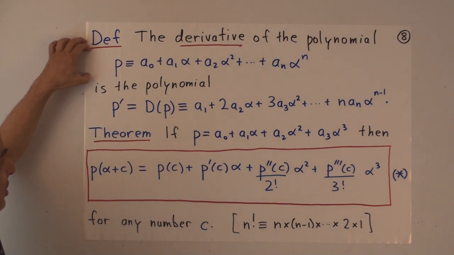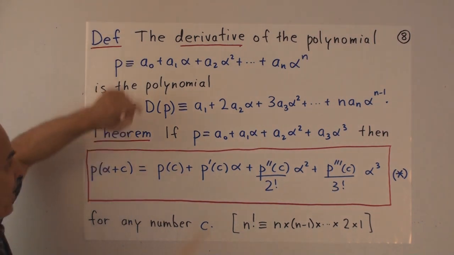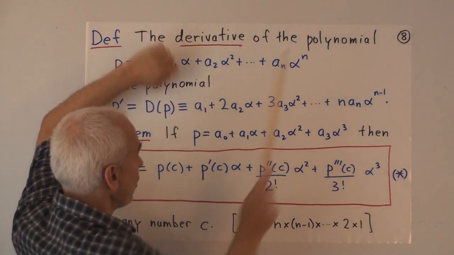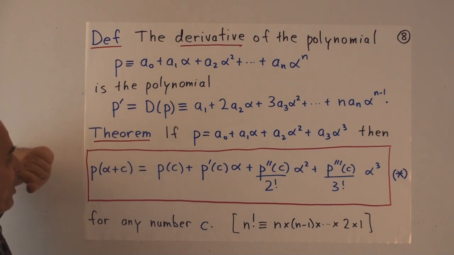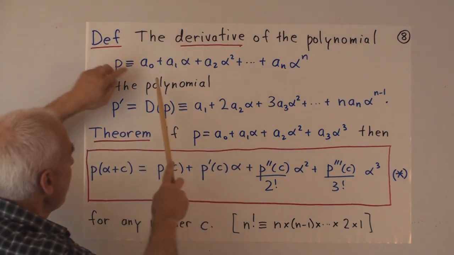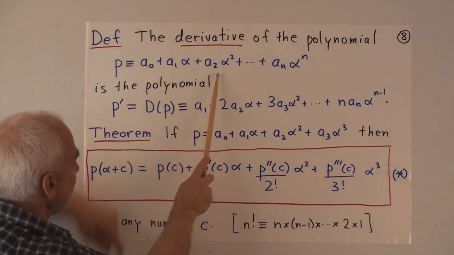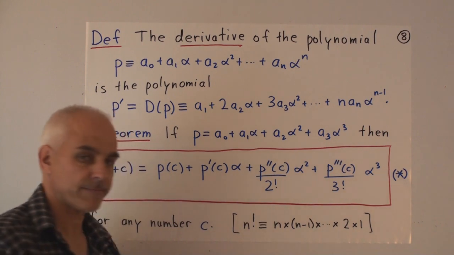Here's the main definition. This is a very important definition. It's the derivative of a polynomial. So I'm working with a general polynomial, not just a degree 3 polynomial, but it's the same kind of thing. So here's a general polynomial: A0 plus A1 alpha plus A2 alpha squared all the way up to A sub n alpha to the n.